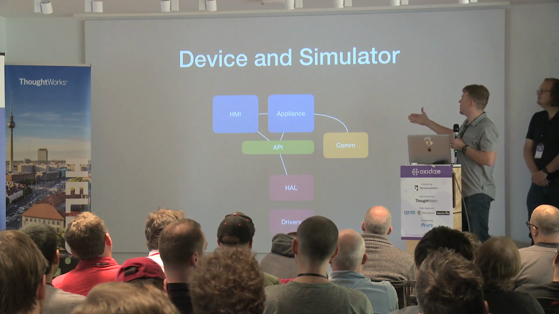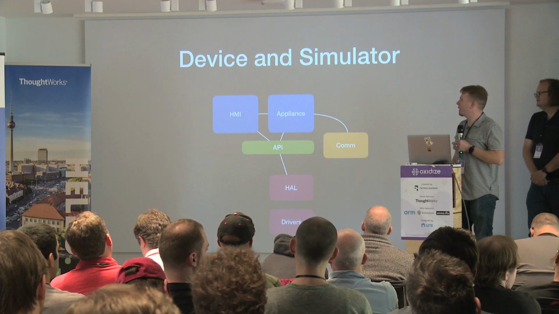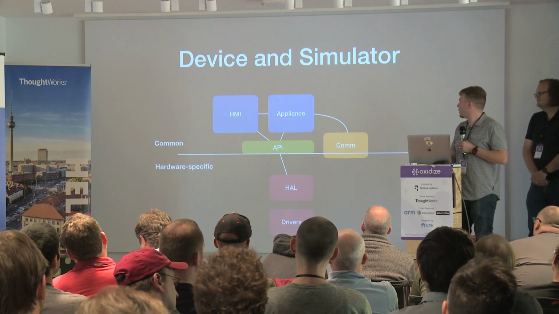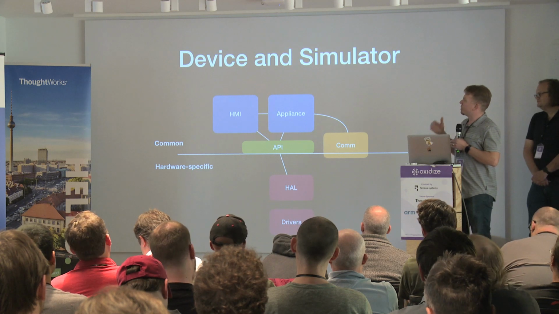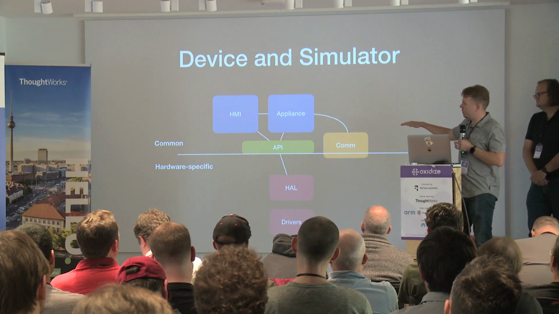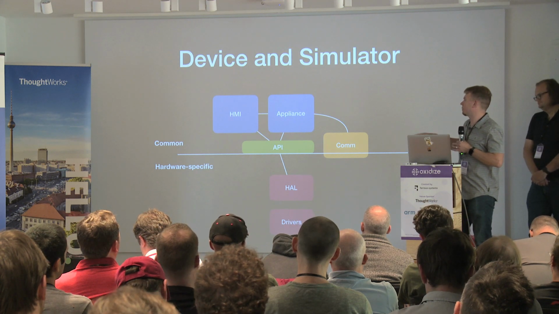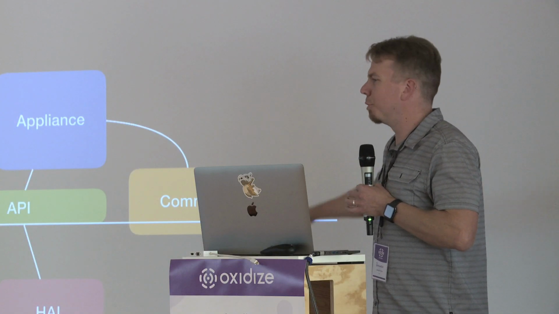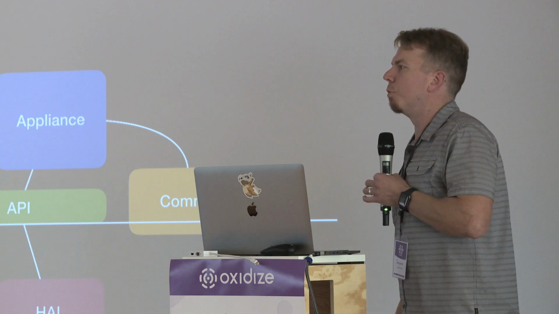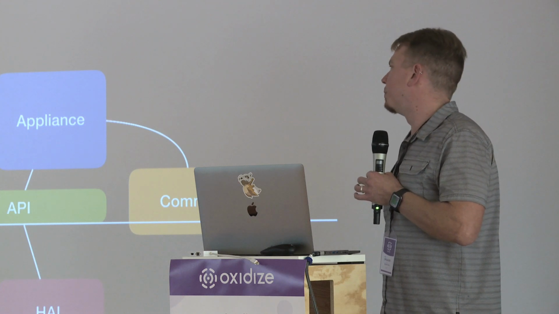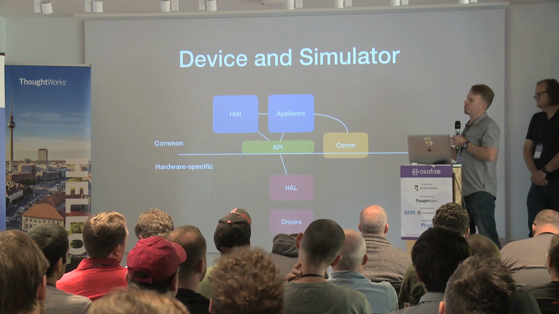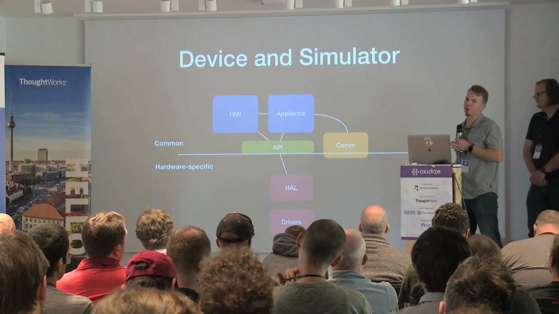So back to the diagram from earlier. Once we had built these different parts, we basically dropped down a barrier between which logic is common to any platform and which logic is hardware specific. This is where we get back into this COM layer being a little bit interesting, where most of it is logic that is useful on any platform, and then there's just a few specific hooks that attach it to our hardware.